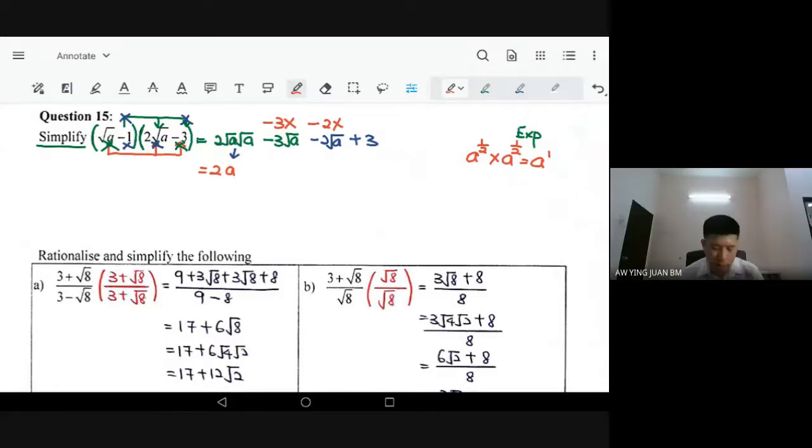Negative 5. Yes. Negative 5x. So in here, the x is square root of A. Finally, plus 3. So, inilah cert. Expand, simplify. So this is the simplest form.